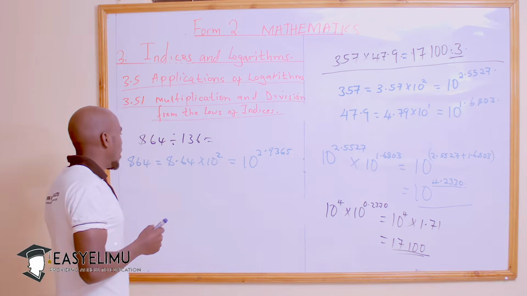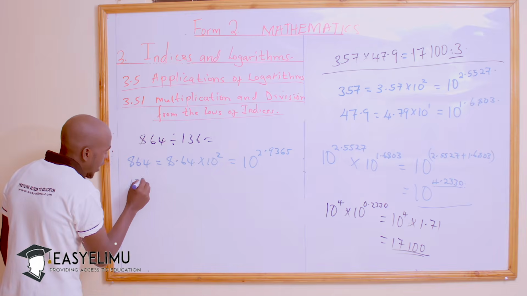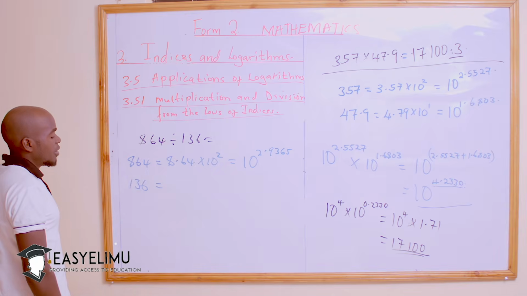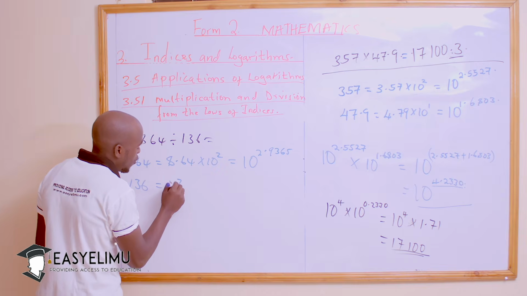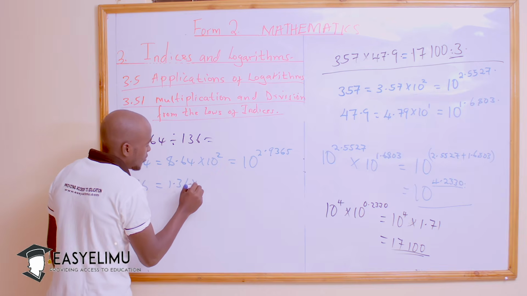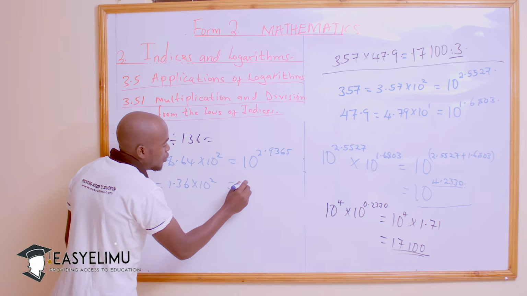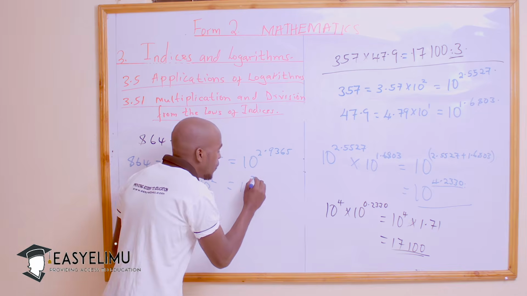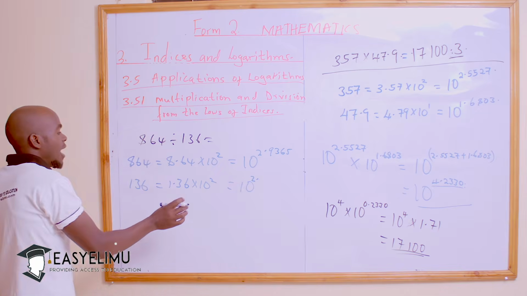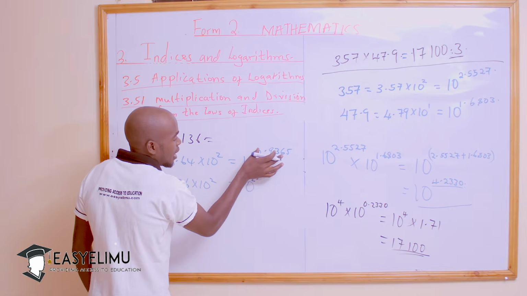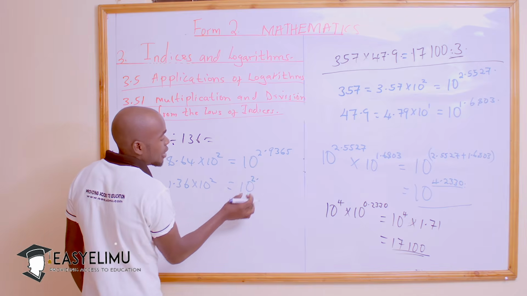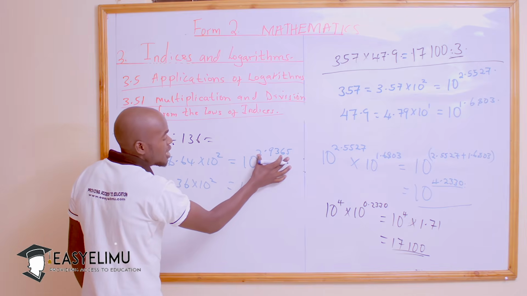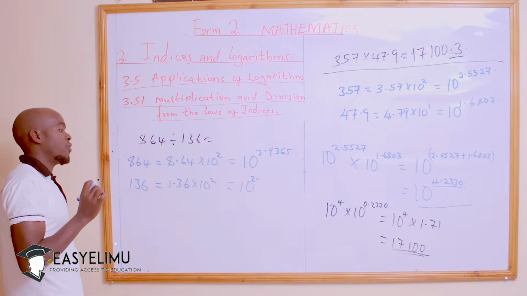Then again we are going to find the standard form of 136, and the standard form will be 1.36 times 10 raised to power 2. If you write 10 and then the logarithm above, that is the anti-logarithm. But if it's just the number alone, it is the logarithm of that one to the base of 10.